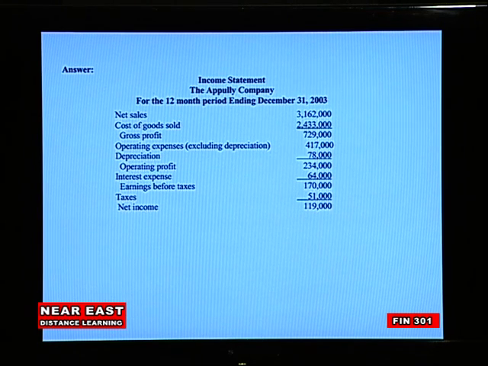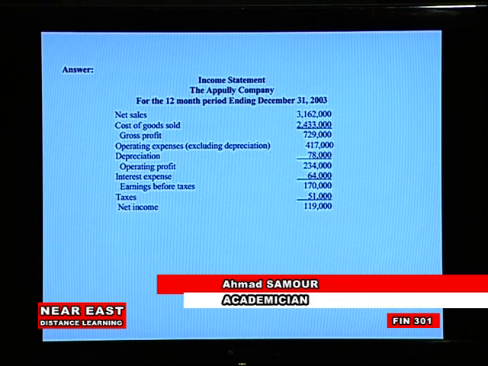The main idea when we prepare income statements is to start with sales. After that, we subtract the cost of goods sold to arrive at gross profit. After that, we subtract operating expenses to arrive at net income.